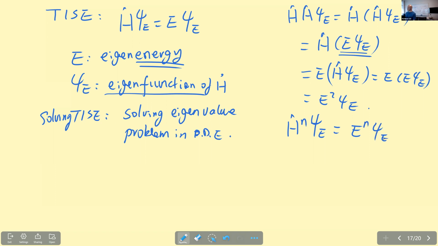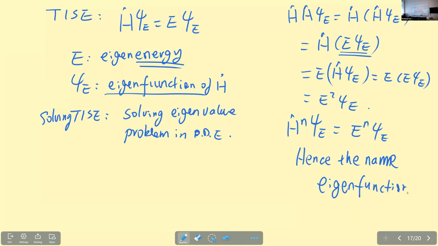Hence the name eigenfunction. No matter how many times you apply it, you will not move the state to another one.